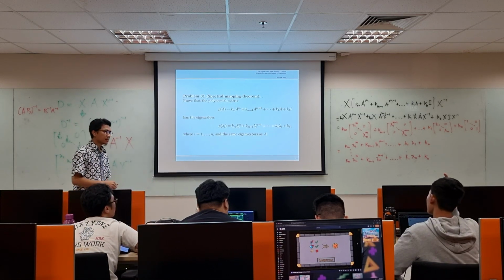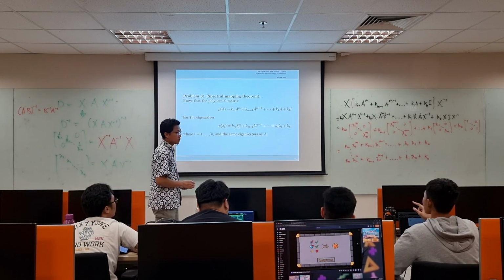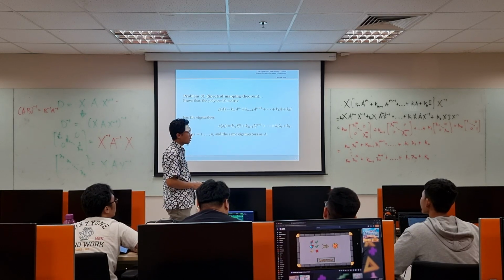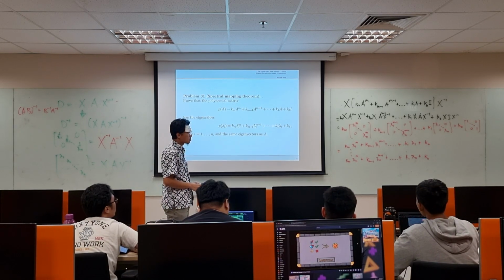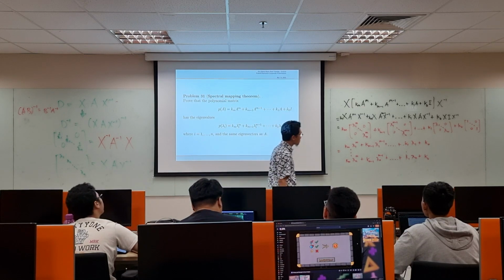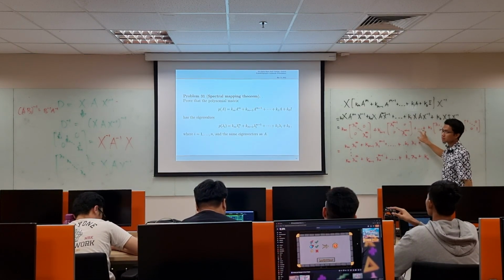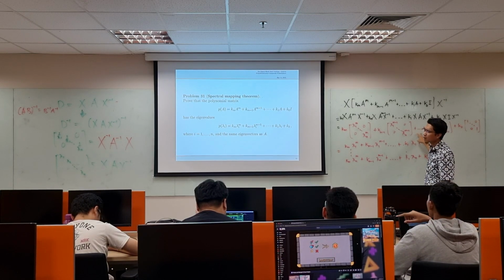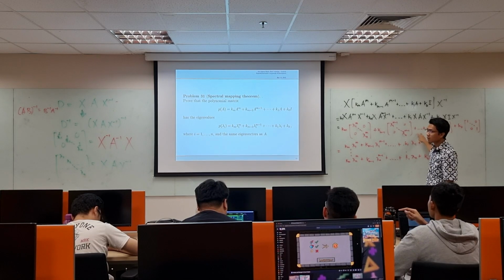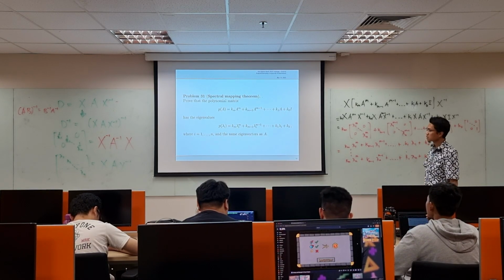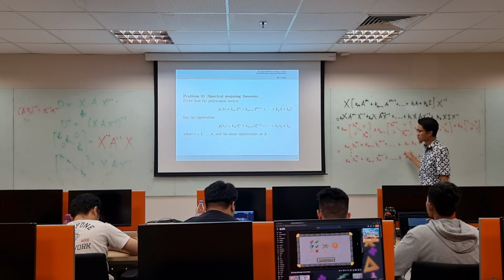Okay. Is this the answer? Yes, that's the answer. We have to do all of them. We just need to prove that the matrix has the eigenvalues of that. Yes, this is the eigenvalues.